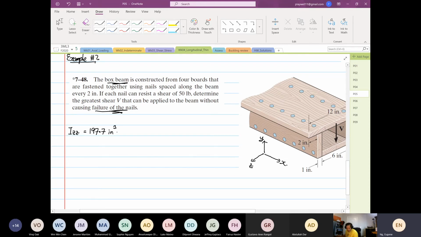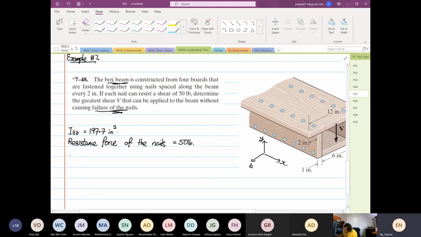Next we are going to look at the force resistance of the nail. It's equal to 50 pounds.